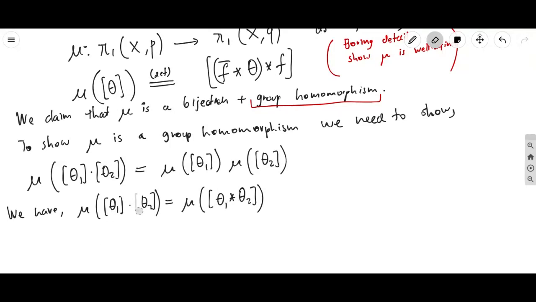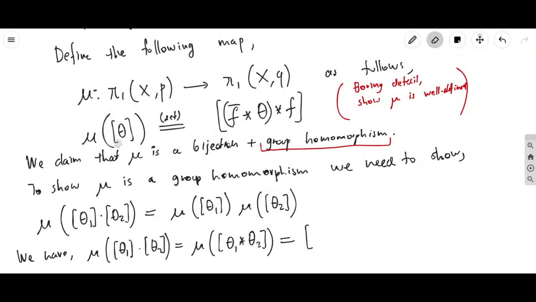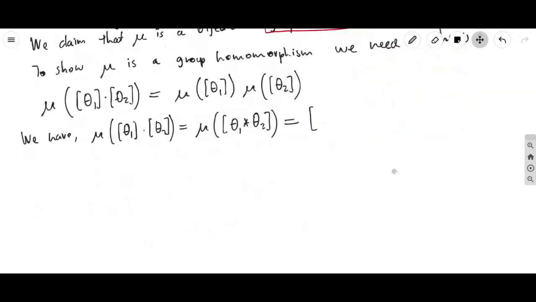So by definition, multiplication of homotopy classes of loops is juxtaposition. And mu of this, using the definition above, is equal to the homotopy class. I should have said this earlier, but this bracket represents the homotopy class of x at P, and this bracket represents the homotopy class of x at Q. So we're again overloading notation. We're using the same bracket, but they technically mean different things.